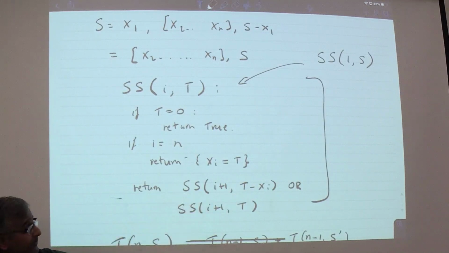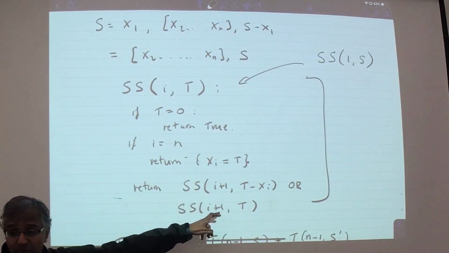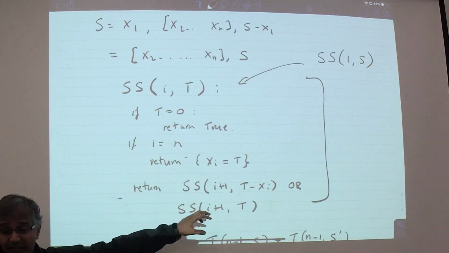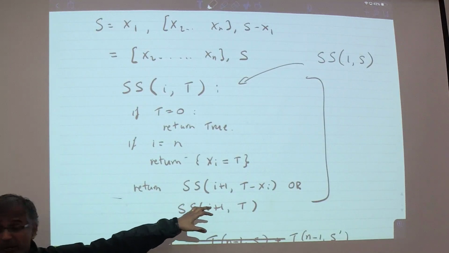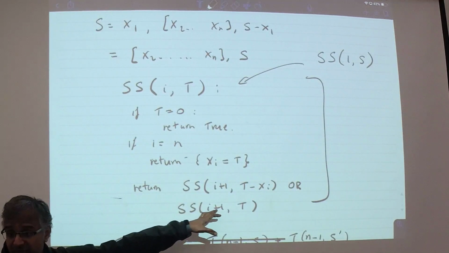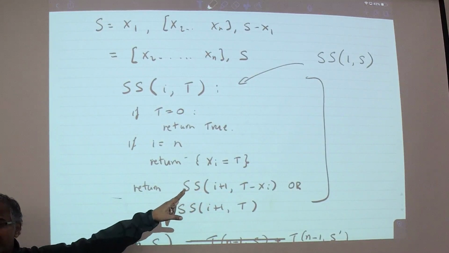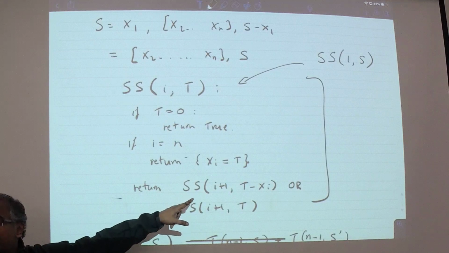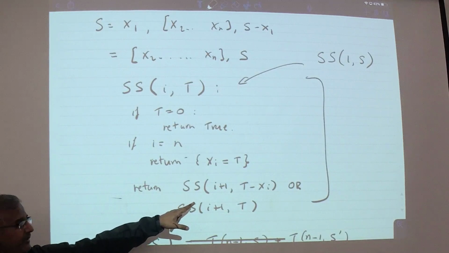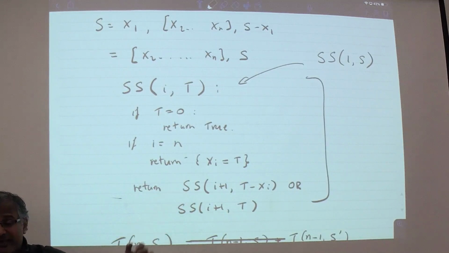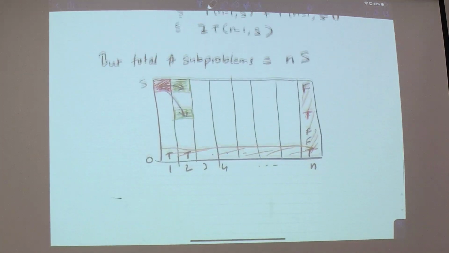If this part is true, then I'm saying don't pick xi and look at how to pick your subset from whatever you picked before and what's left, right? So in some sense, the choice of which of these fires to 1 is telling you, did you pick this element or not, right? And of course, if they're both 1, then it doesn't matter whether you pick it or not. If you think about that, and you go down to the actual procedure of filling in the table, right?